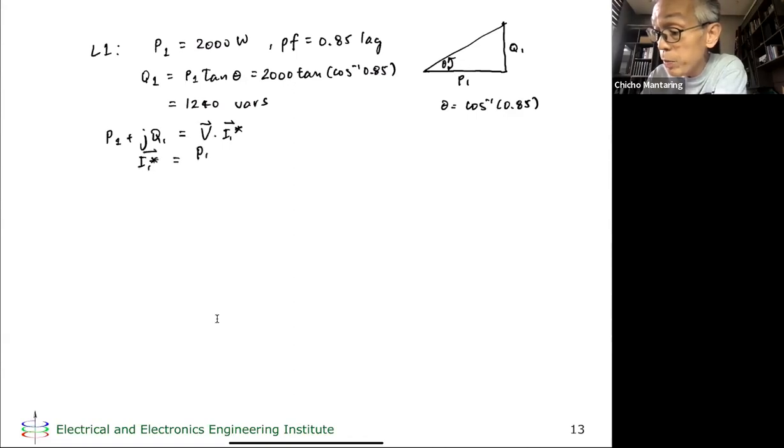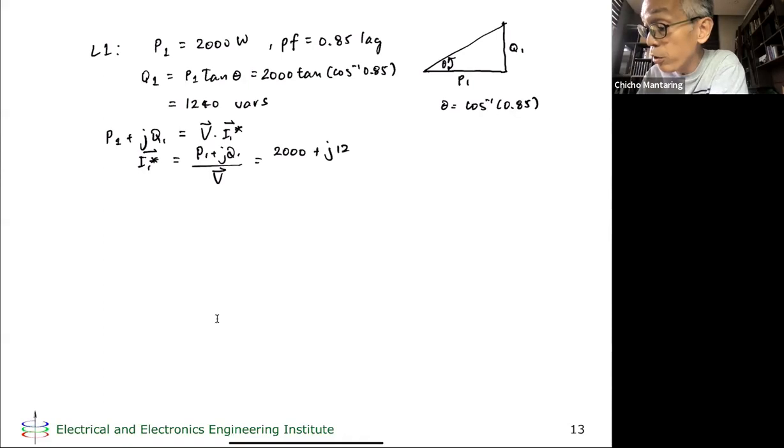So I can now compute for I1 conjugate, which is P1 plus jQ1 over V. This is 2000 plus j1240 all over 220 at an angle 0.